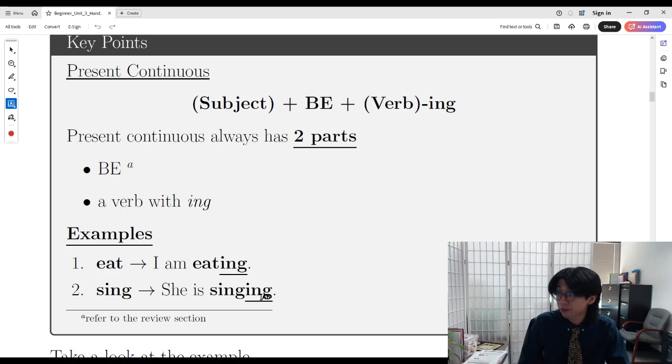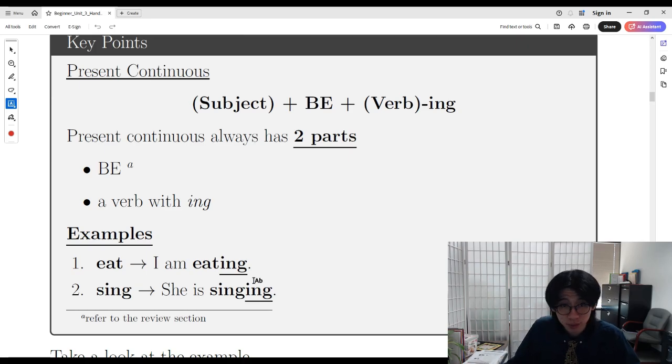That's the verb plus ing. For example sentences, subject I, be is am, verb is eat, then I am eating. Same for the second sentence. She is singing. That's how you make present continuous sentence.